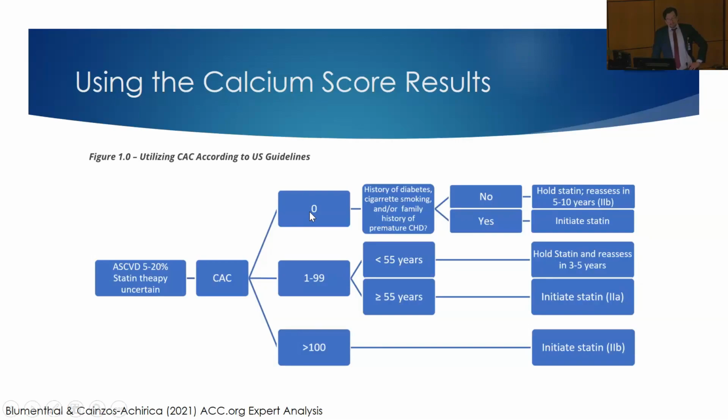If your calcium score is 0, then you can withhold starting a statin, maybe repeat a calcium score in 5 years. But if they have other typical cardiac risk factors and are very high risk, and right now they have no calcific plaque but maybe in a year they will, I would still start a statin in those patients.